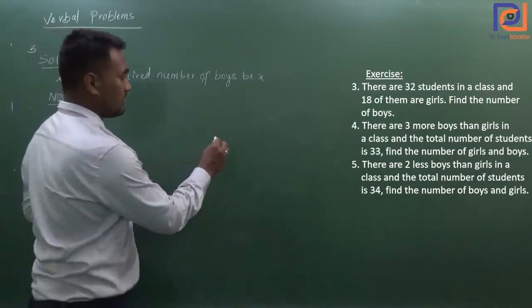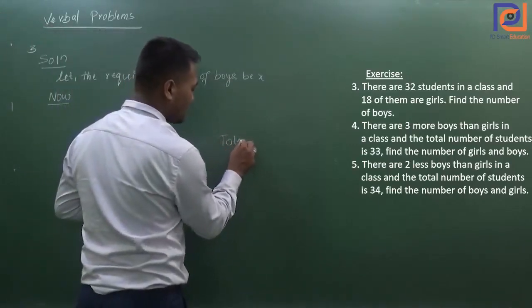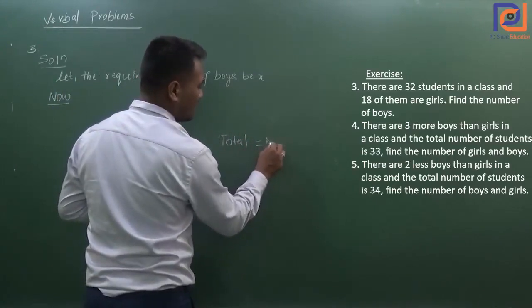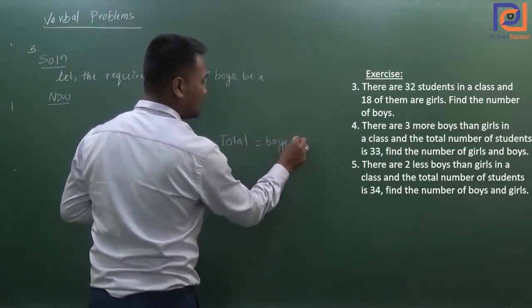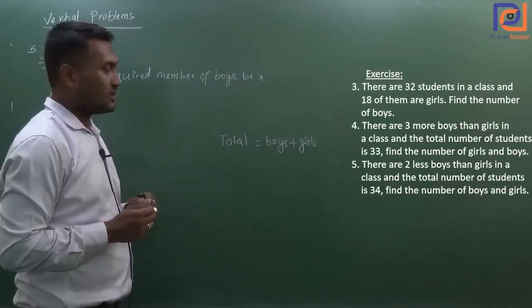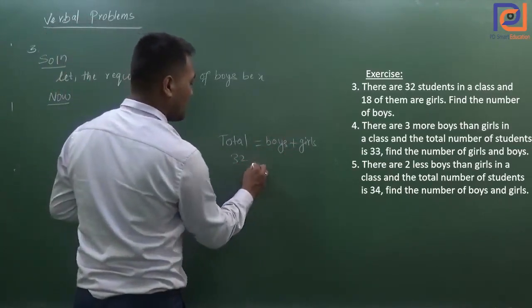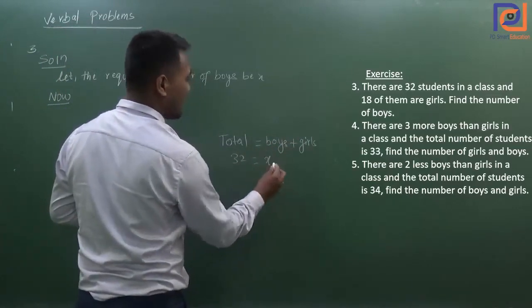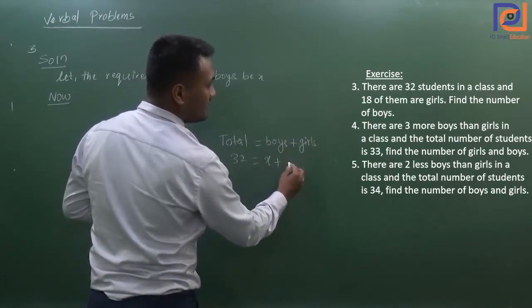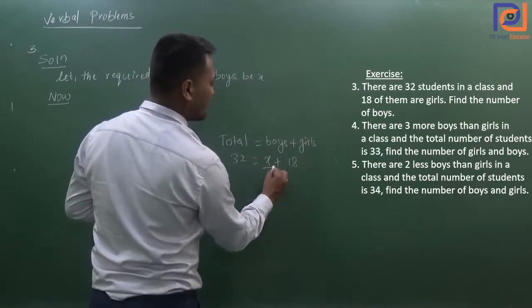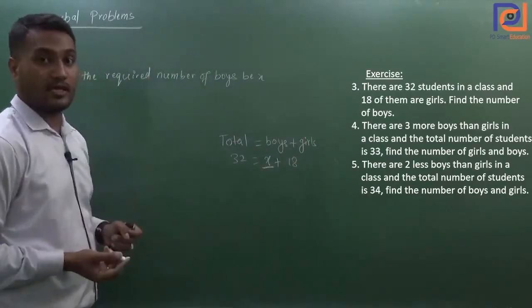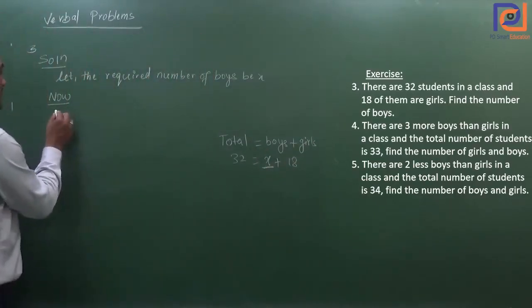The total number of students is equal to the number of boys plus girls. We know that there are only girls and boys. So the total number is 32. Boys we need to find out, so suppose it is x, and the number of girls is given as 18. So can't you find out the number of boys now with this statement? We can find out. So I'm going to do the same thing here.